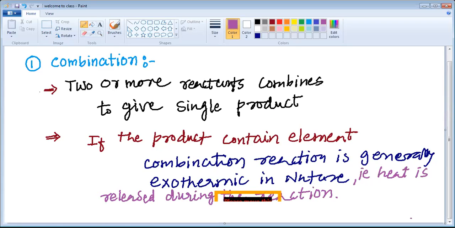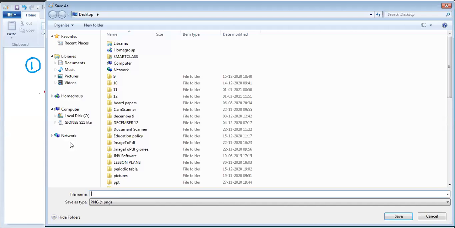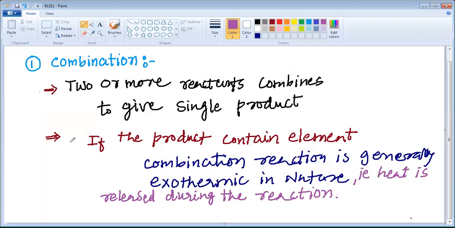So this is how we understand, my dear students, the combination reactions. In combination reactions, we have generally two or more than two reactants combined to give us a single product, and such reactions are known as combination reactions.